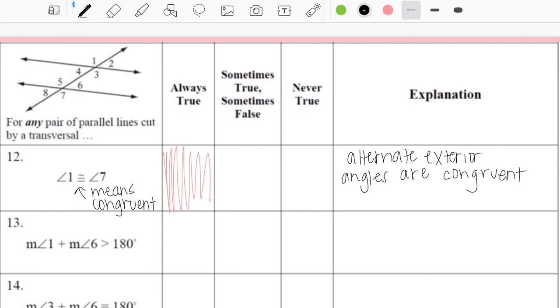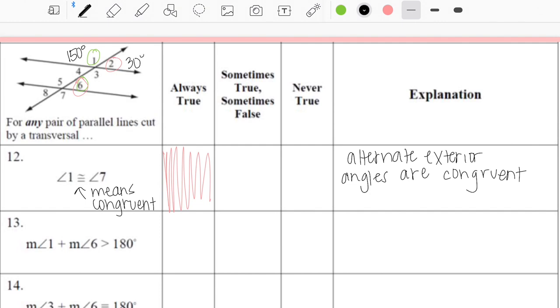Our next example has us looking at angle 1 and angle 6. The measure of angle 1 plus the measure of angle 6 is greater than 180 degrees. Well, angle 6 and angle 2 are corresponding, which means they have to be the same. So for sake of us guessing and checking, let's say angle 1 is 150 degrees.